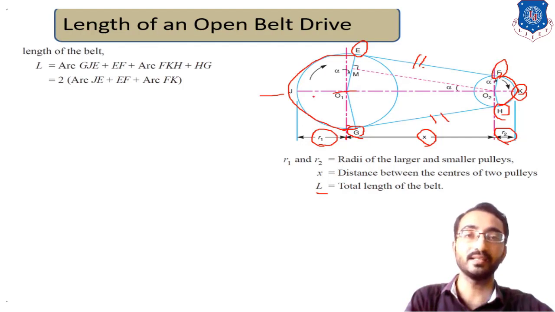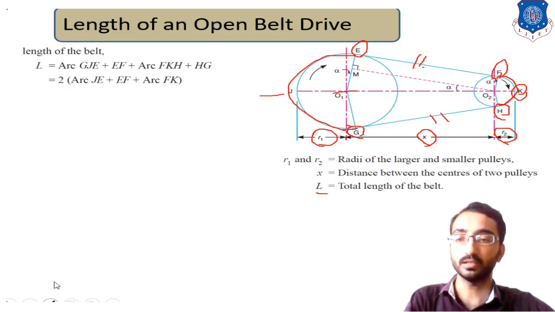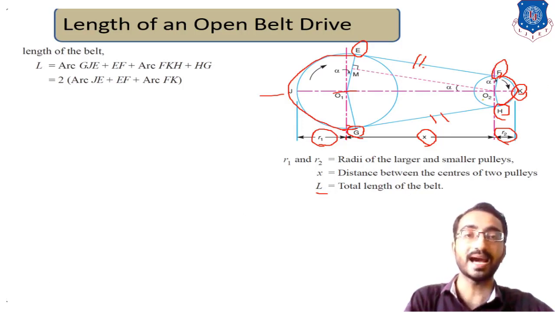So we can simply say that arc GJ is similar in amount to the upper half, JE, so GJE is 2 times arc JE. Similarly, the line EF is similar to GH, so we can replace them with 2 times EF.